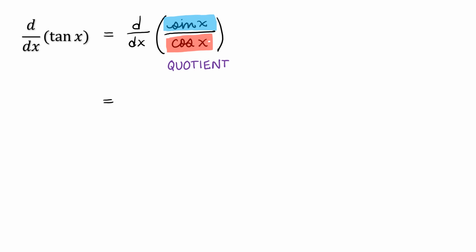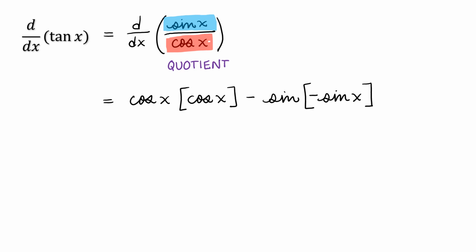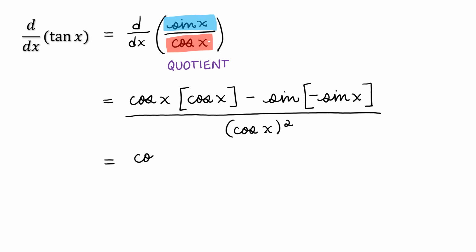So this will be equal to low, which is our cosine of x, d high, so the derivative of sine of x, which is cosine of x, minus high, so that's sine of x, d low, the derivative of cosine of x is negative sine of x, all over low, so all over cosine of x squared, which gives us cosine squared x minus, or rather plus, sine squared x all over cosine squared x.